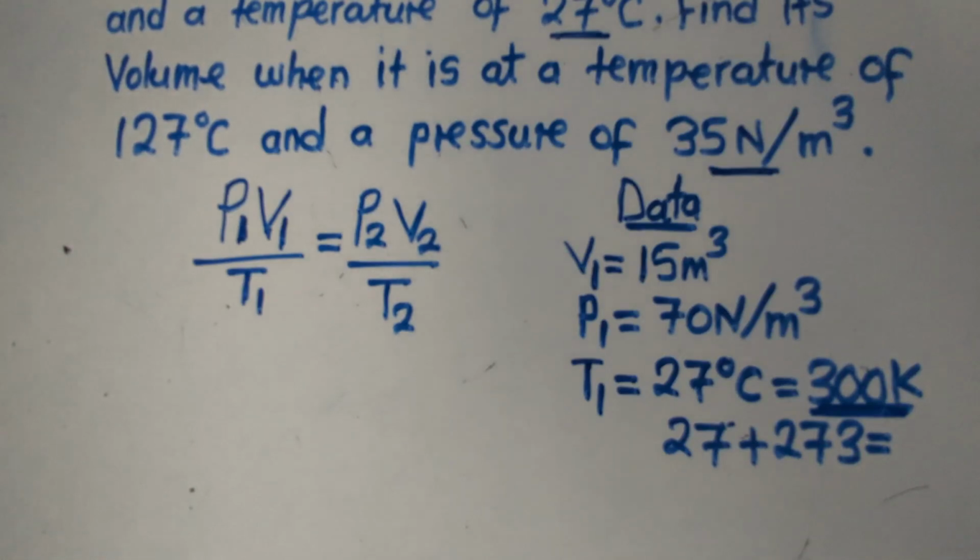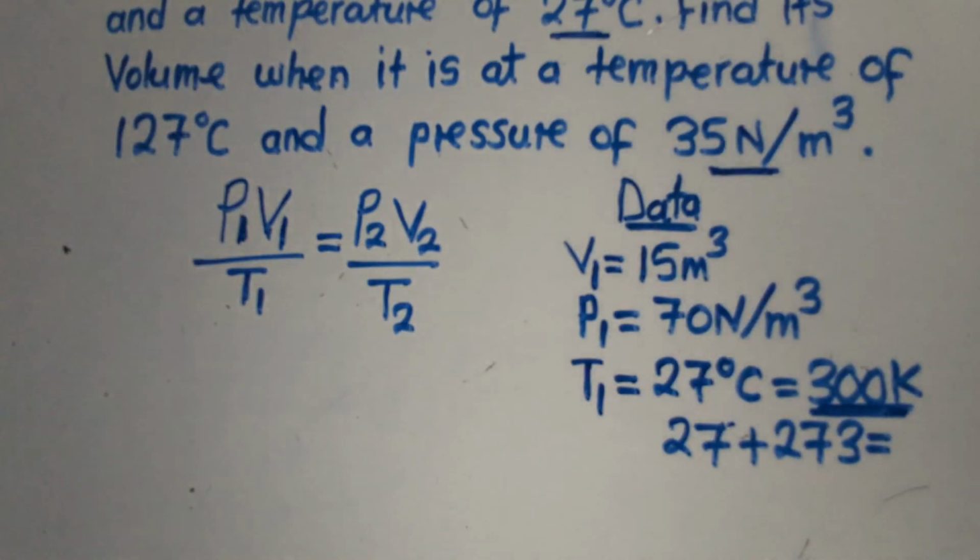This is what you are supposed to know, and this is the temperature that we are going to use. Each time you are given such a question, you need to know how to convert. If you are changing from degrees to kelvins, you add the degrees given plus 273.